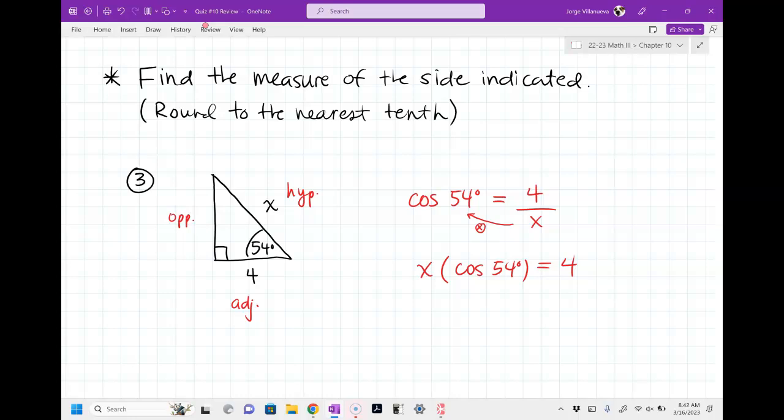So I'm just going to get my calculator, turn it on, type in cosine of 54, and it gives me 0.5877852523. I don't need that big old number, but let me write some of the digits: 0.587785.